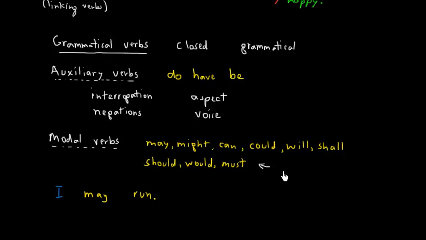They do not inflect. They do not conjugate. I may, you may, he may, she may, we may, you may. There's no ing form. There's no ed form. There's no past or present.